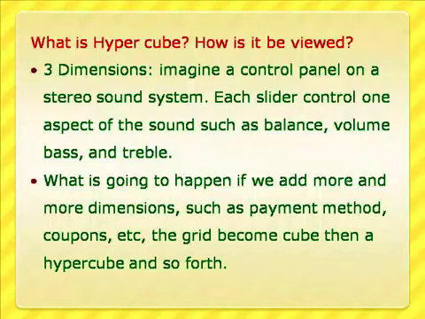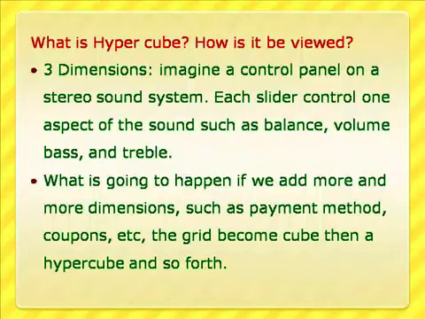So what is going to happen if you add more and more dimensions such as payment method, coupons, etc.? The grid becomes a cube. That means if I add a payment method to the location and product dimensions, it is a 3-dimensional cube. When coupons are added, it becomes a hypercube, which we call 4 dimensions in this case, and so forth.